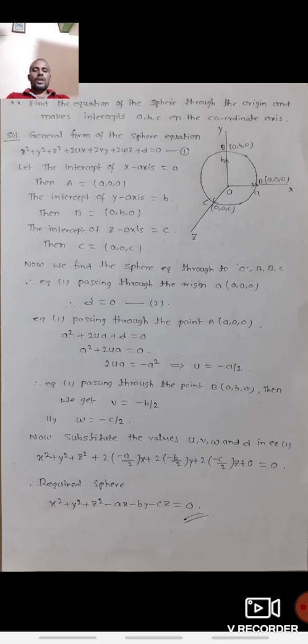Similarly, equation 1 is also passing through the points B and C. Then we get v = -b/2 and similarly w = -c/2.